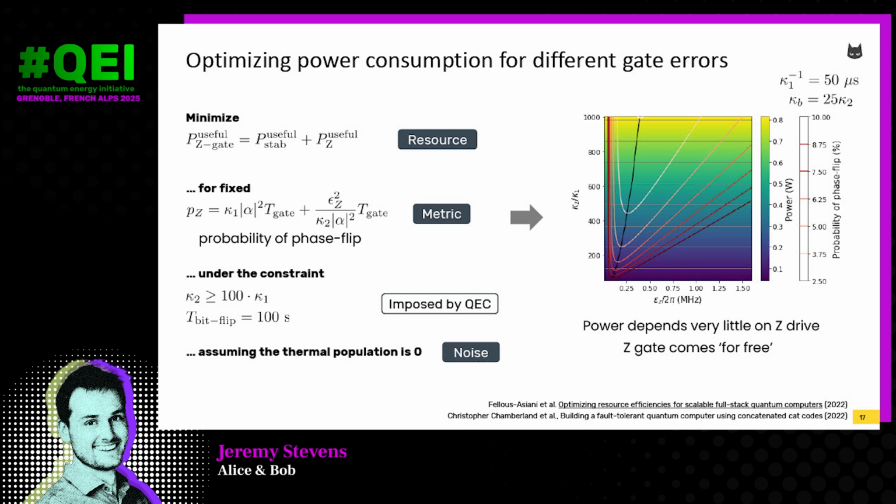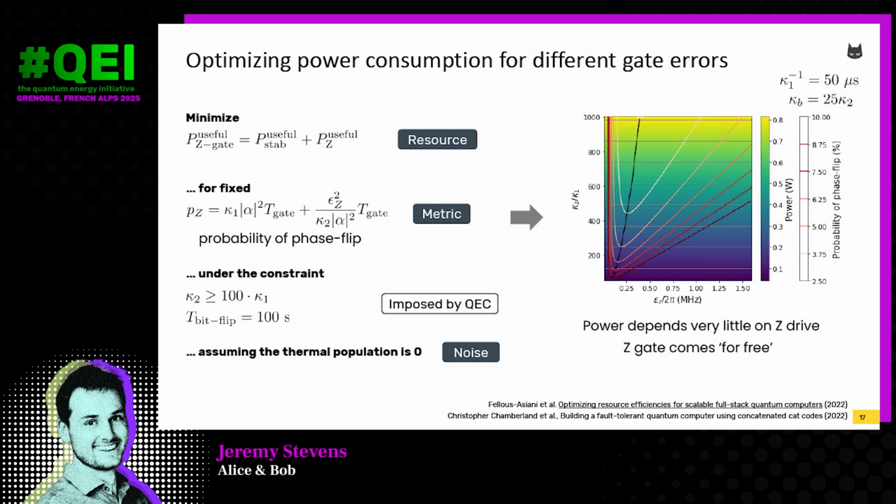All right, so now the plots start getting complicated. We're in that part of the hockey stick of the presentation where you have to stay awake. On the x-axis, you have the memory drive strength here. And on the y-axis, you have the ratio kappa 2 over kappa 1, just so that it's adimensional. It's a good way of thinking about error correction in cat-qubits.